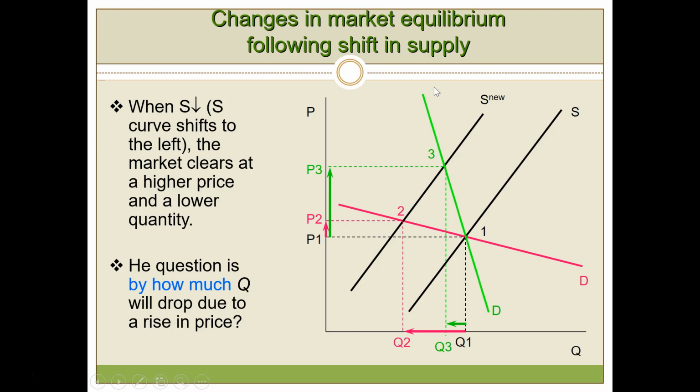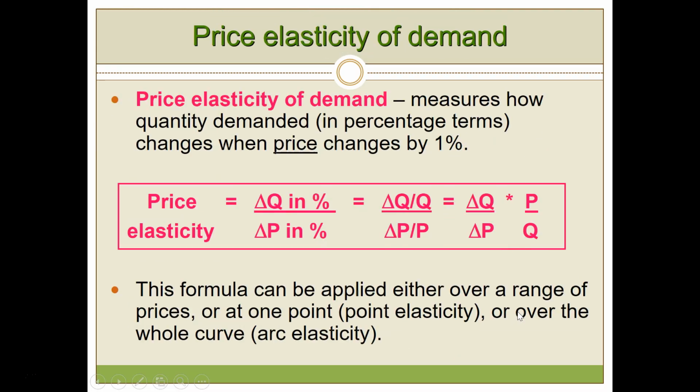While if our demand curve is relatively steep, it means that even a large increase in price, shown by this green arrow, will lead to only a small reduction in quantity. Different demand curves will show different sensitivity or responsiveness of demand to changes in price. And this is exactly what elasticity measures.